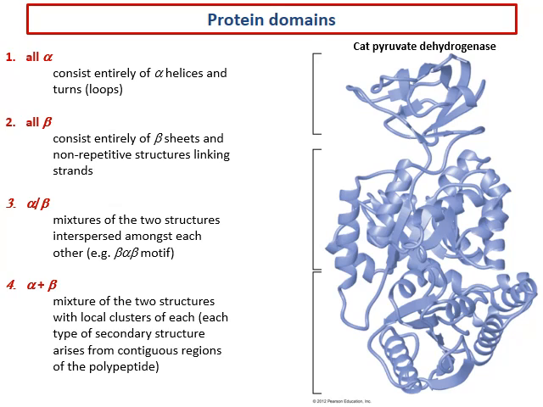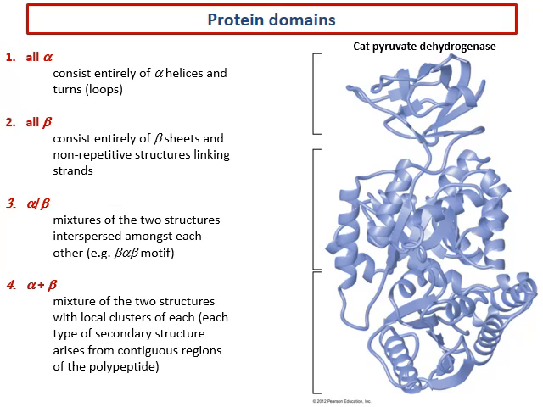And then there are alpha plus beta protein domains where you have a mixture of each of these structures with local clusters of each as well. And so each type of secondary structure arises from a contiguous region of the polypeptide. And if you look at the bottom portion, particularly the bottom right portion, you can see a mixture of the two structures of alpha and beta clustering together.